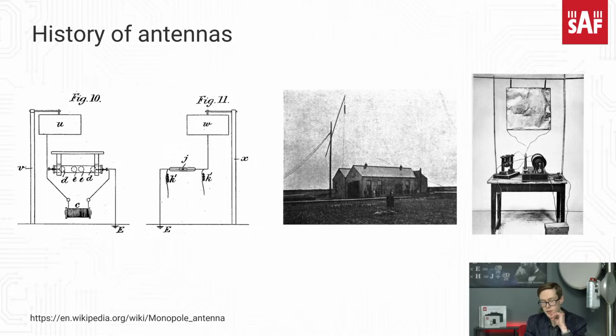And later he discovered that this metal plate is not necessary, and he can use only this wire, which is connected to the transmitter and grounded. The transmitter itself was grounded, and the hanging wire was just suspended on a wooden bar, forming a monopole antenna.